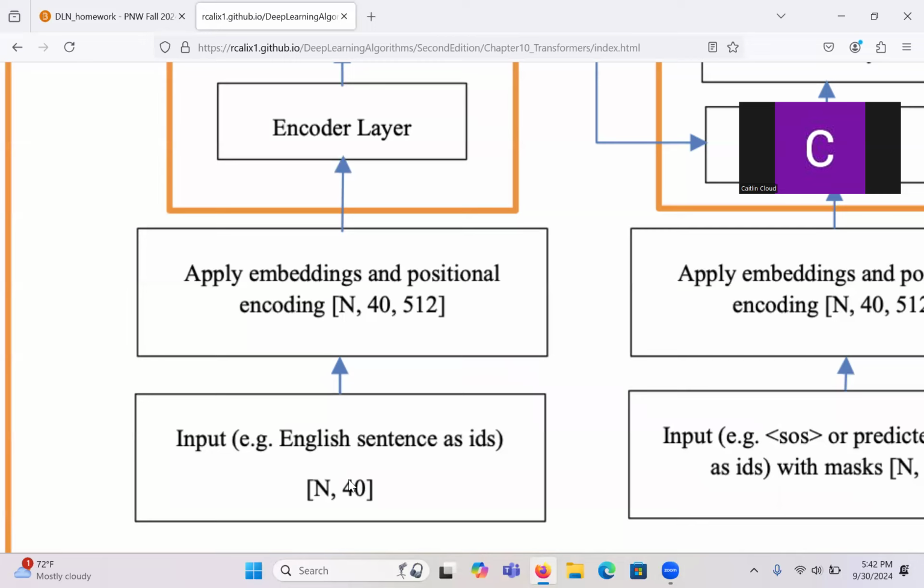Yeah. But once we have IDs like 17 and 3, that's not enough for the neural network to learn. That won't be enough, unfortunately. So what we have to do is create something called an embedding. That's where the magic comes in, okay? The embedding will take that 3 and map it to a vector of whatever size you define here. So 512. Think of it as I had 17 in there, and 3, and 23.